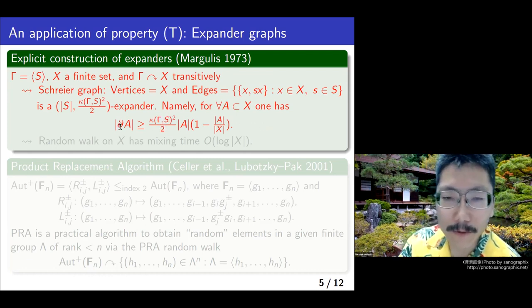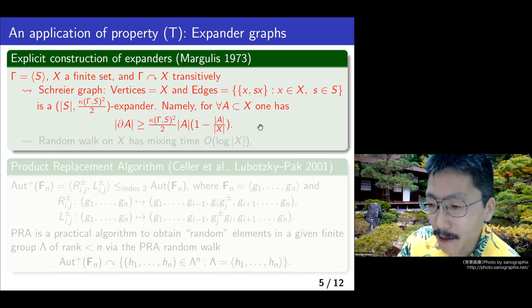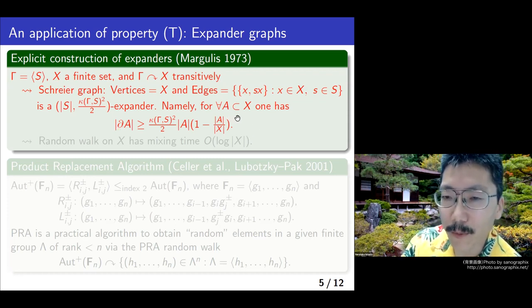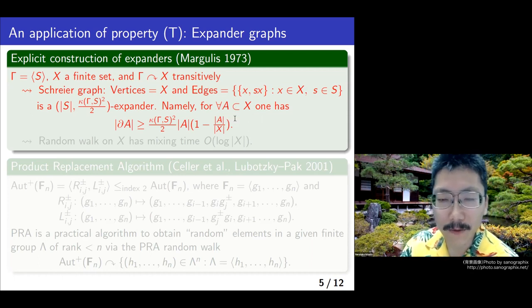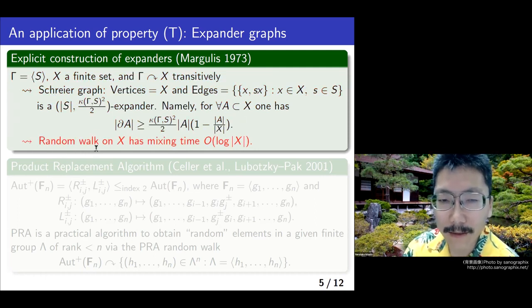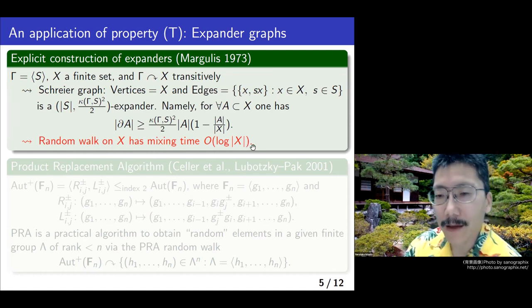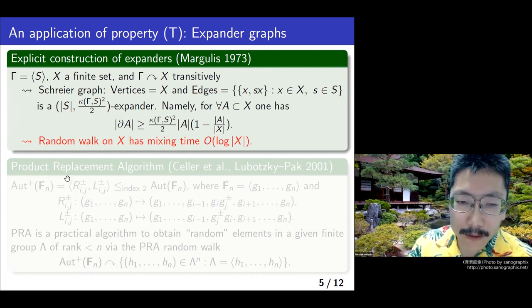This is easy to show: just consider the characteristic function on A, and if the boundary is small, it's almost invariant, and it has to be close to a constant function, which means A is near 0 or X. So these expanders have very good connectivity, and in particular, the random walk on X has optimal mixing time, which grows exponentially, so it covers all of X.